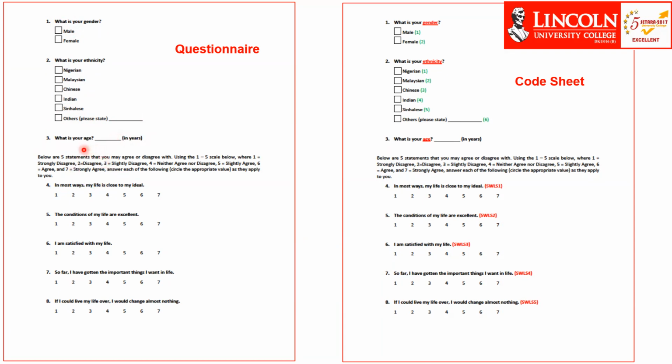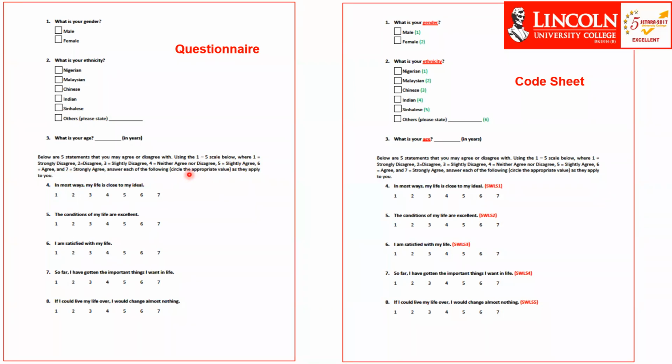Then the next stage is that below are statements that you may agree or disagree with, using the 1 to 7 scale below, where 1 is strongly disagree, 2 disagree, 3 slightly disagree, 4 neither agree nor disagree, 5 slightly agree, 6 agree, and 7 strongly agree.